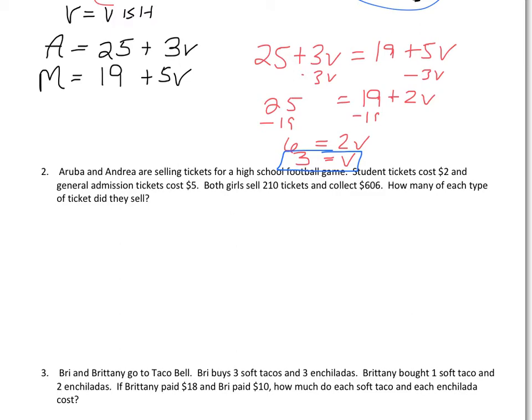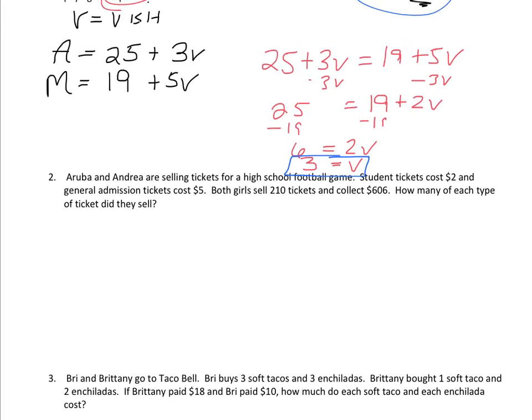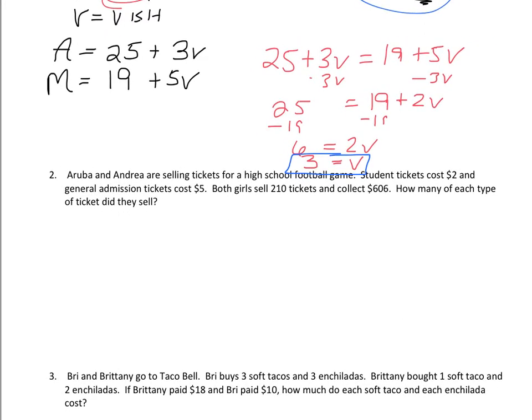If they want to know how many of each type of ticket, that means we need to define 2 variables that represent each type. So let's choose S for students and G for general admission.